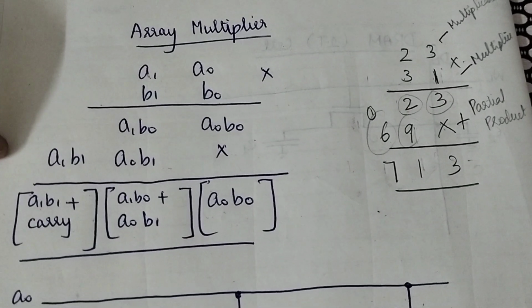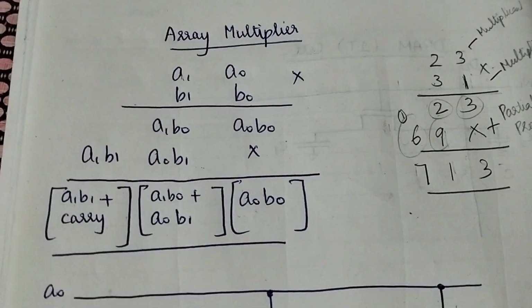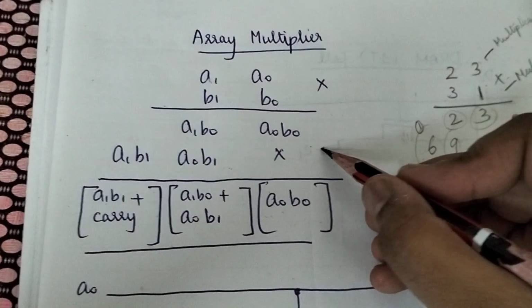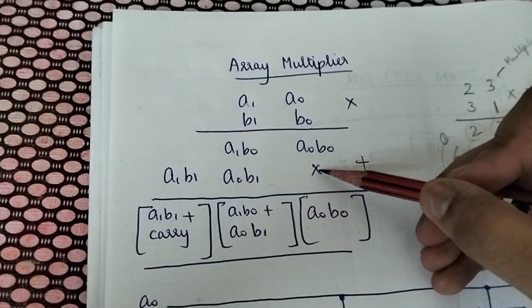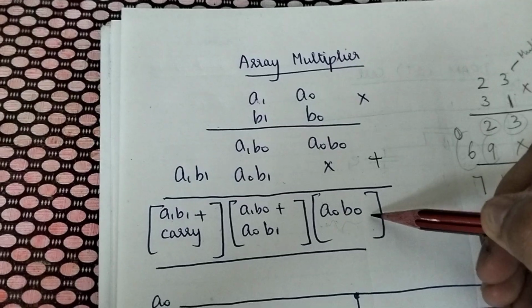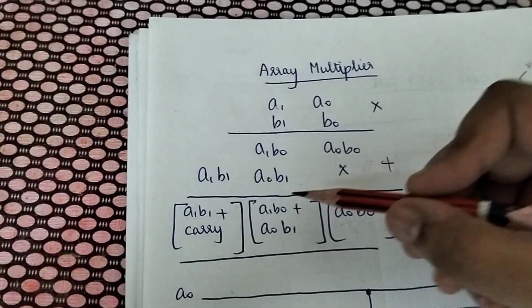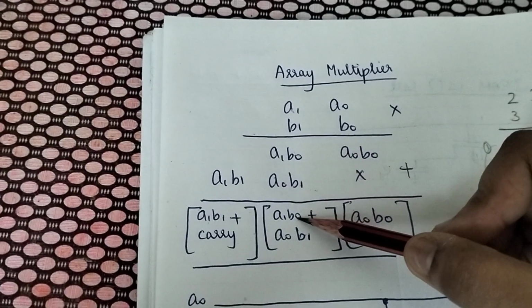So this is how your partial products are formed once you have done the first step of a normal 2 cross 2 multiplication. Now to sum up the partial products: this is just A0B0 and it's a 0 here. So the last digit of your final product will generally just be A0B0. The second last digit will be A1B0 plus A0B1.